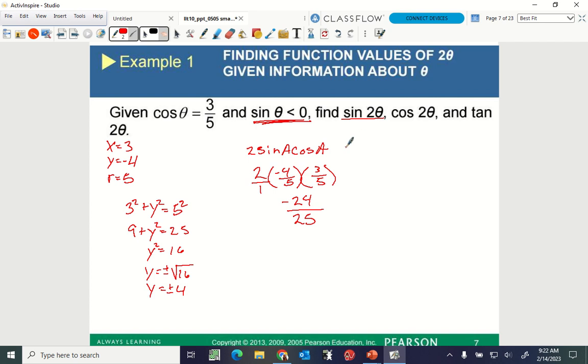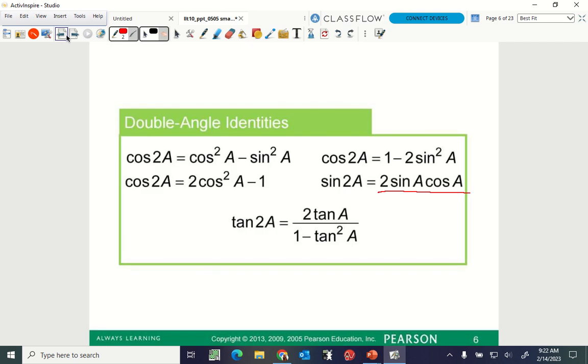All right, now with cosine, I have three different versions of cosine. Your job, just pick the easiest one. That's all you have to do, whichever you find is going to be easiest.